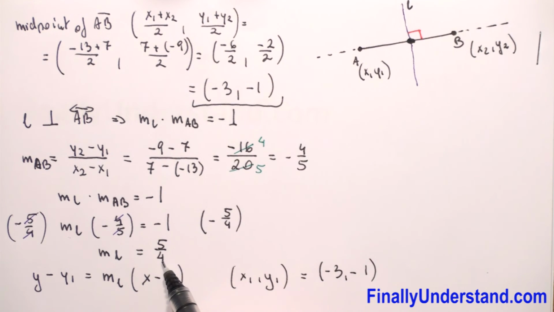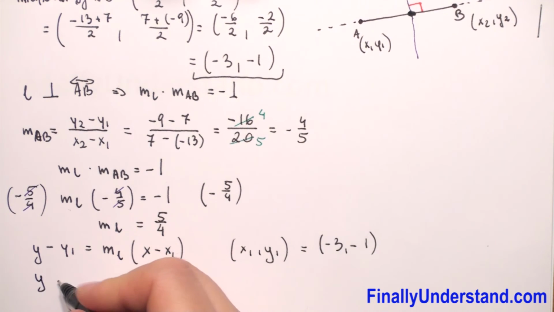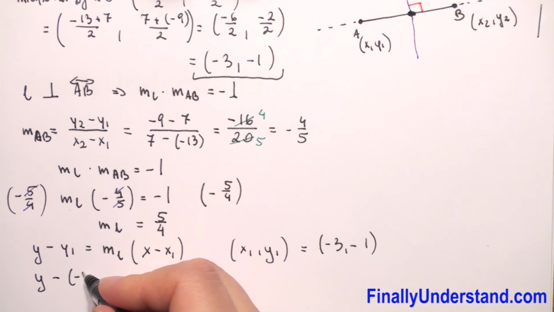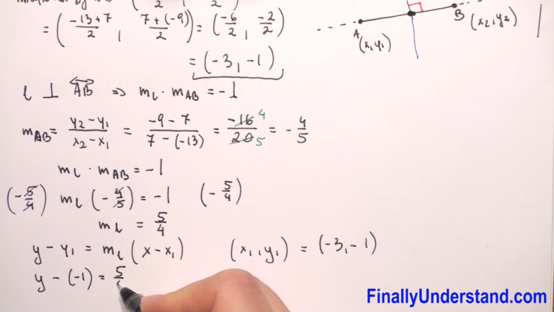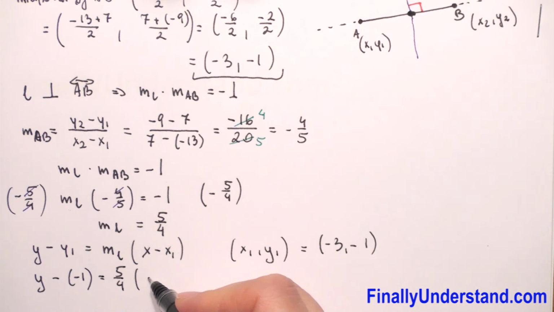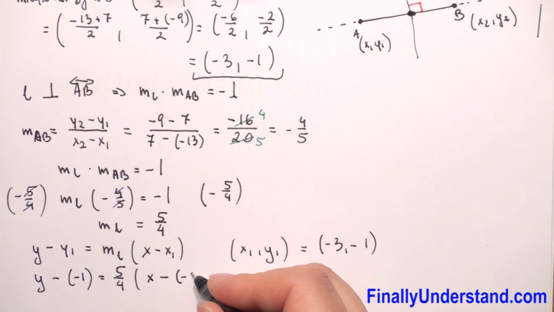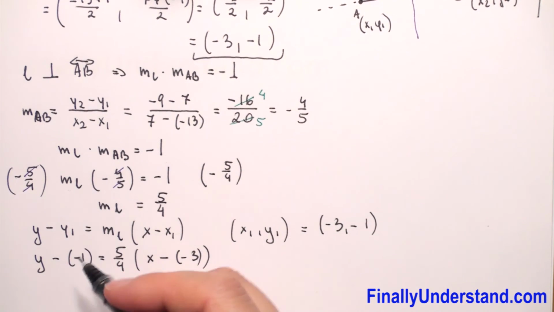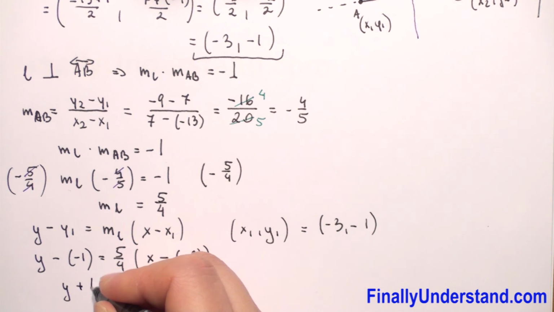The ML we calculated. So we just have to substitute into this equation. Y we copy, minus y1 is negative 1. This is equal, the slope is 5 over 4, and in parentheses we have x minus x1 is negative 3, so we write in parentheses. So negative and negative give positive, so we have y plus 1.